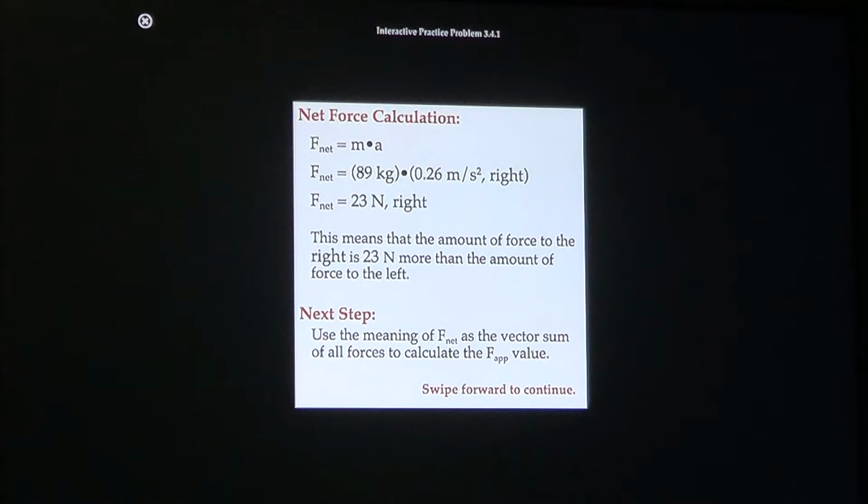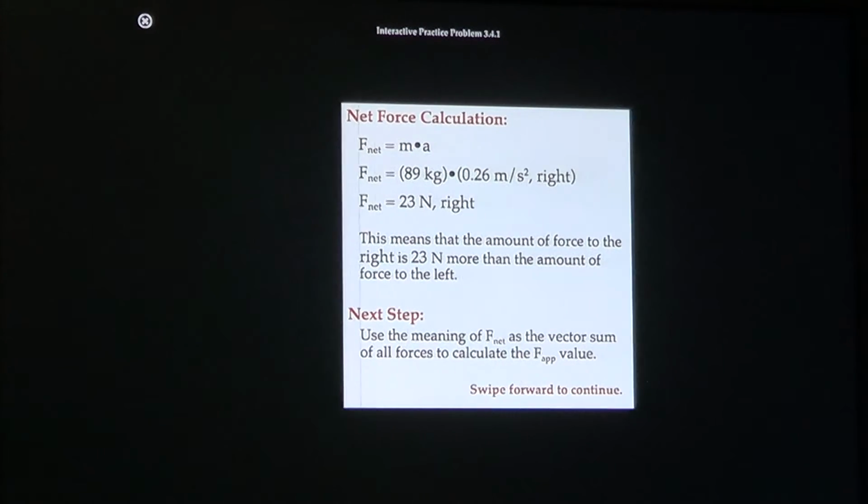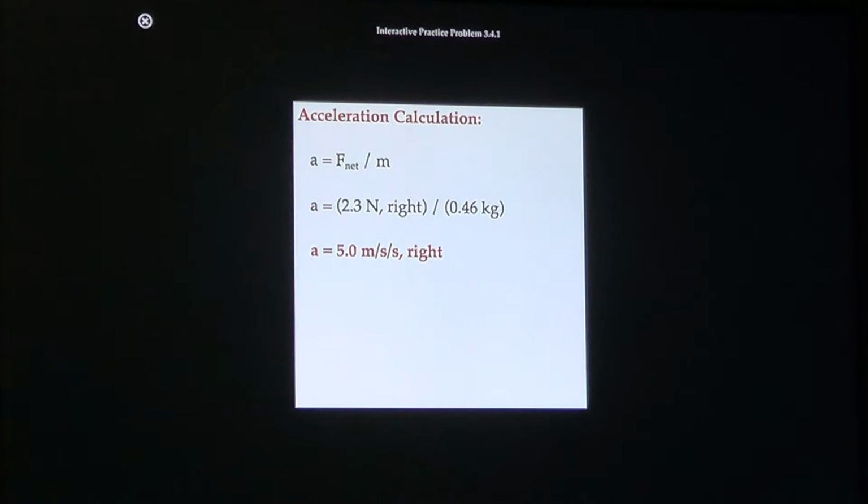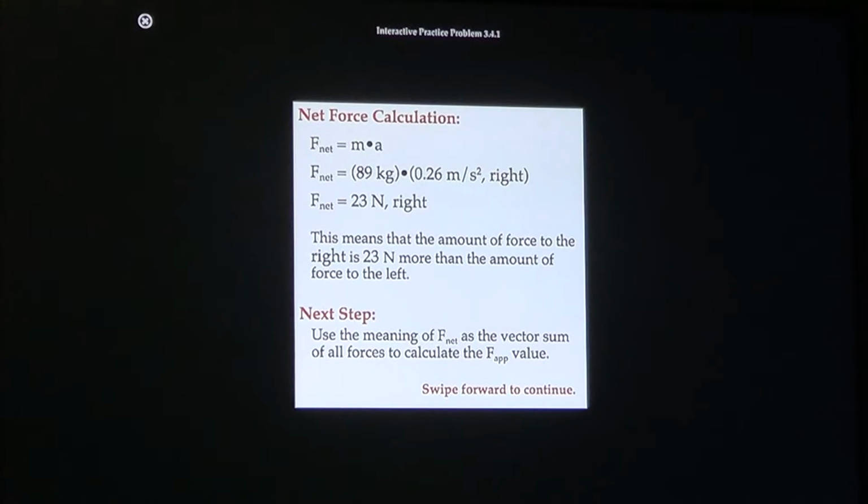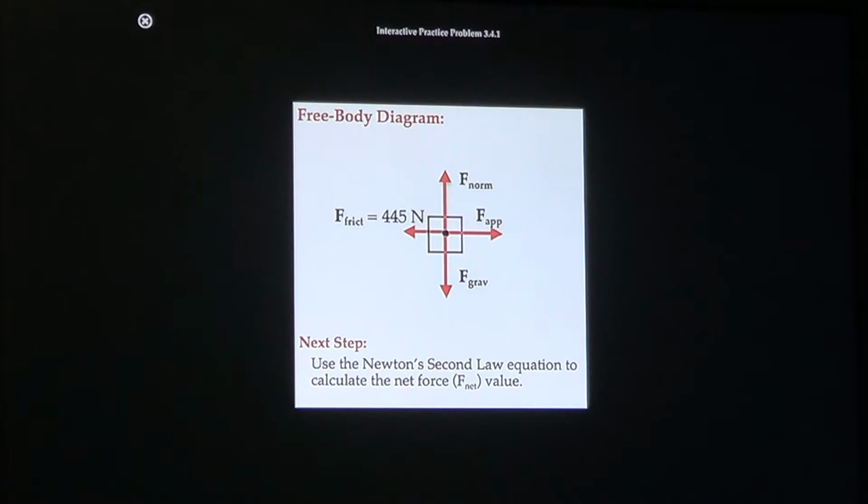That's not the right answer, because that's not the right kilograms. So if the net force is 23 and the friction was 445, you added the 23 to the 445. Right, okay, good.